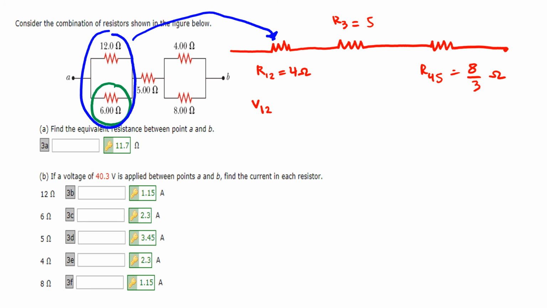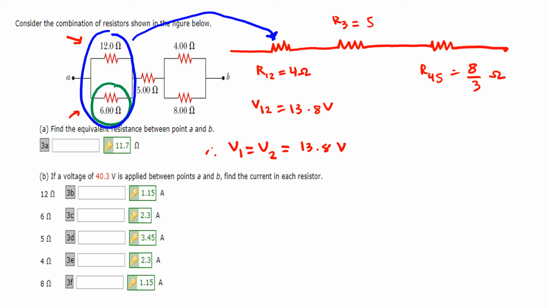Its voltage is equal to 13.8 volts. And since R12 is actually the parallel combination of resistor 1 and resistor 2, therefore voltage 1 is equal to voltage 2, and that is equal to the total voltage of the combination of V1 and V2, that is equal to 13.8 V.